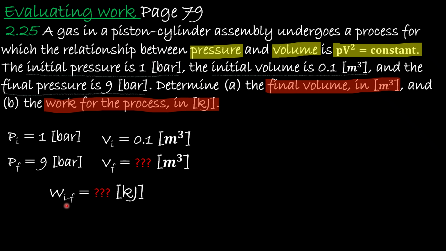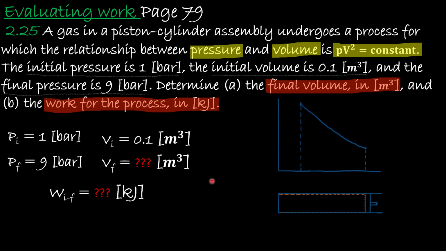We need to find the final volume, but we know because it is compression the final volume will be less than 0.1 cubic meter. So we wrote down what is given to us. Now let's illustrate what is given to us, so we can see what we have and what we need to find visually.